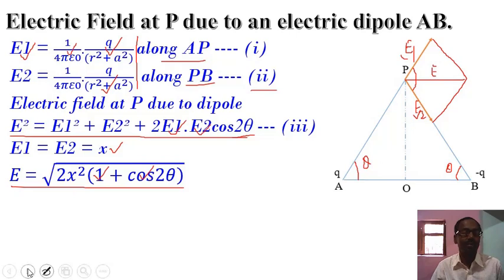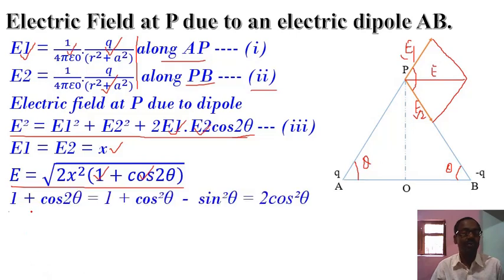So 1 plus cos 2 theta equals 1 plus cos square theta minus sin square theta, because cos 2 theta equals cos square theta minus sin square theta, and 1 minus sin square theta equals cos square theta. Therefore, cos square theta plus cos square theta equals 2 cos square theta.